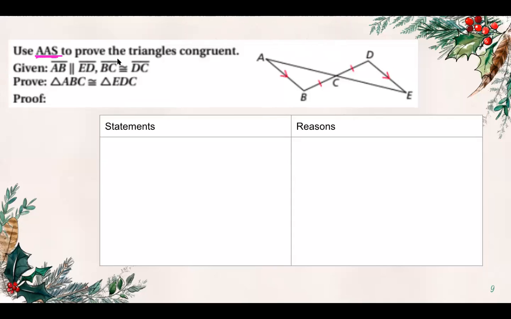I'm going to go through the whole process just like we did last time. We are trying to prove that triangle ABC, so that's this one, is congruent to triangle EDC. Pretty obvious here that that's going to be the case, but that's fine.